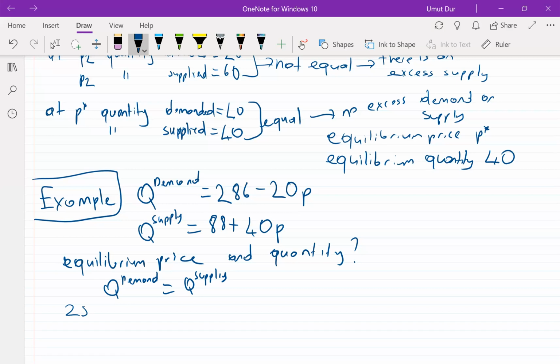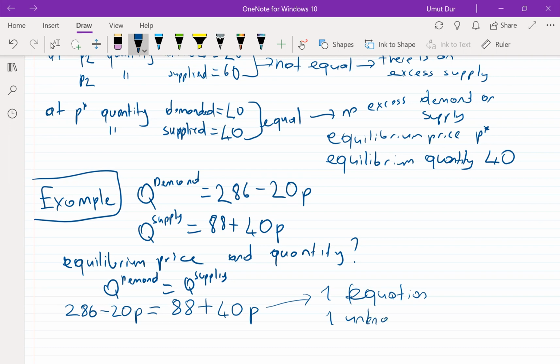So basically what we will do is just write down the functions. Okay? So right now I have one equation and one unknown. The unknown is price.